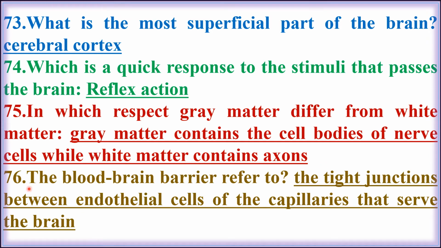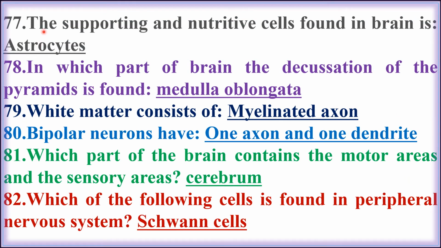Next, the blood-brain barrier refers to the tight junctions between endothelial cells of the capillaries that serve the brain. Next, the supporting and nutritive cells found in the brain are astrocytes.